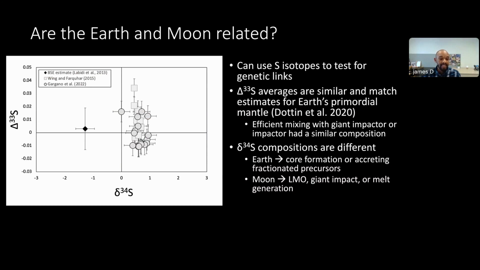When we look at the cap delta 33S composition of lunar basalts relative to estimates for the bulk silicate Earth that's been derived from mid-ocean ridge basalts, what we find is that at least between Earth and the moon, the cap delta 33S averages are similar, which could indicate that there was efficient mixing with the giant impactor, or the impactor had a similar composition as the proto-Earth.